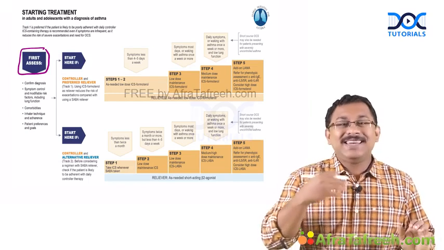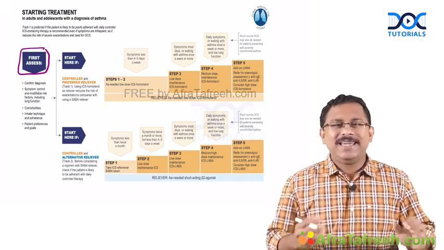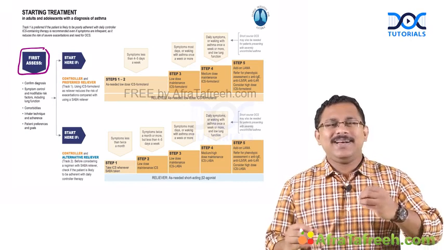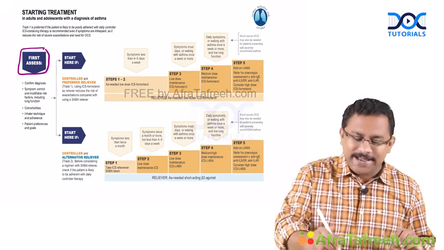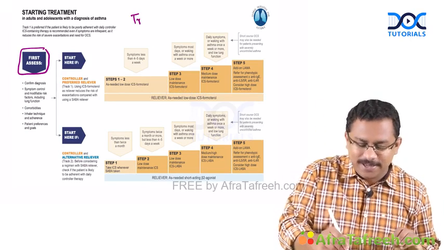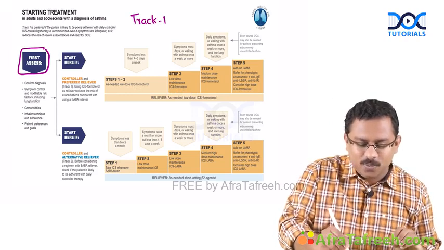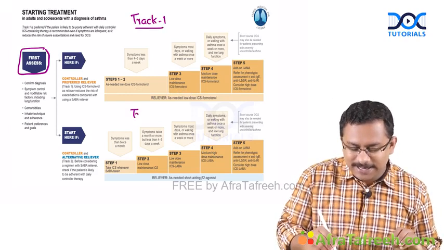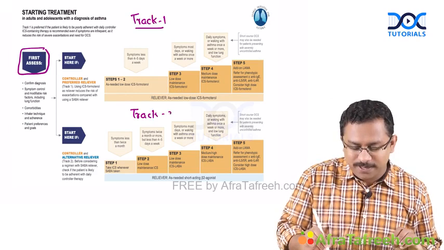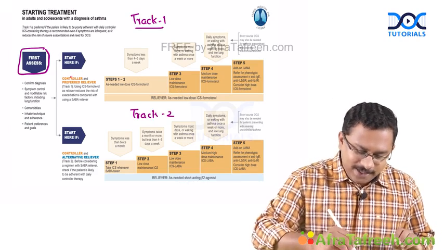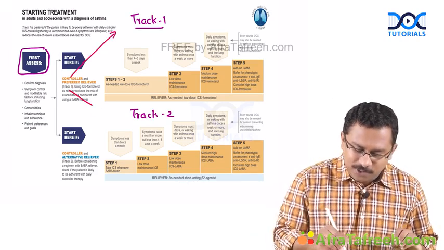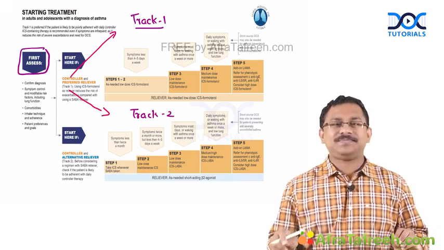But the term that is used in JINA 21 is not approaches, it is actually tracks. So there is a track 1 as well as a track 2, which means you can either go for a track 1 management or a track 2 management.